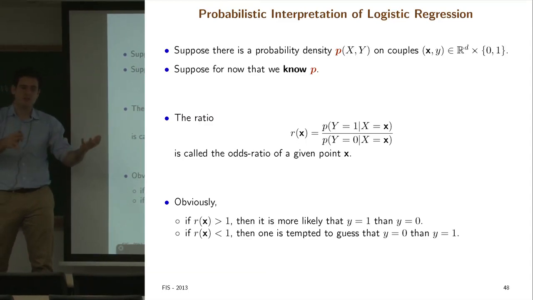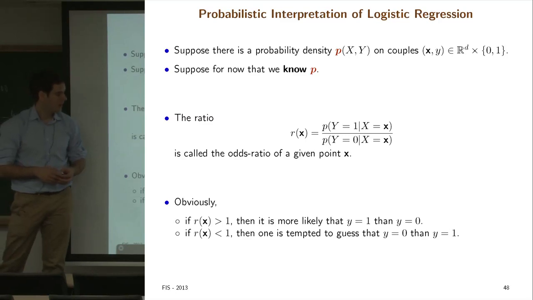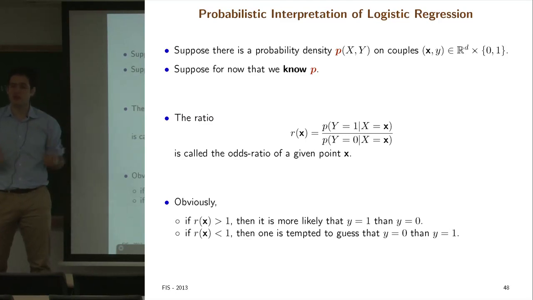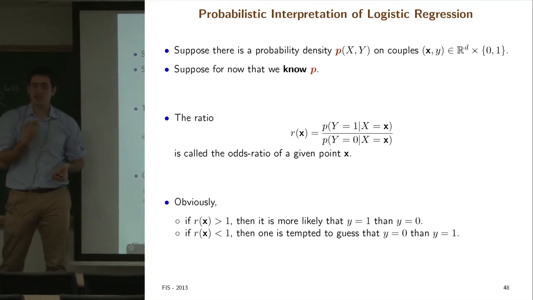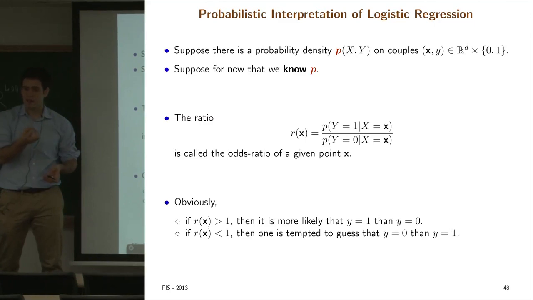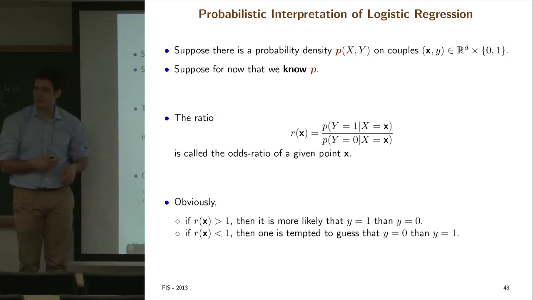I assume that features and labels are related in some way in nature, which is governed by this probability. And now there's something that I call the conditional probability: you give me just the first half of the information, which are the features. What is the probability that that sample has a label of 1? And what is the probability that it has a label of 0?